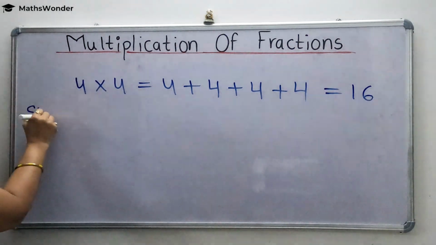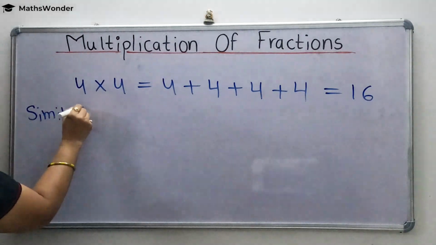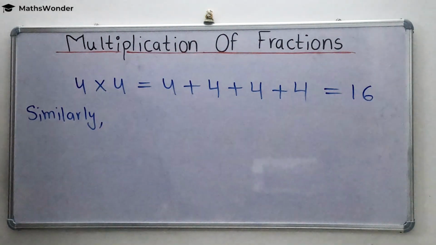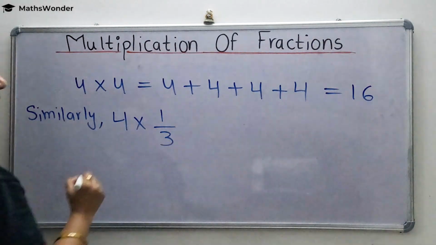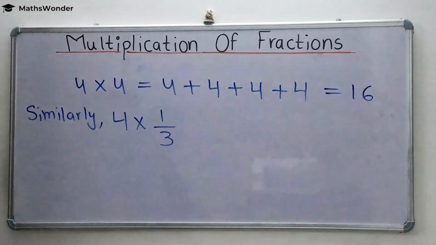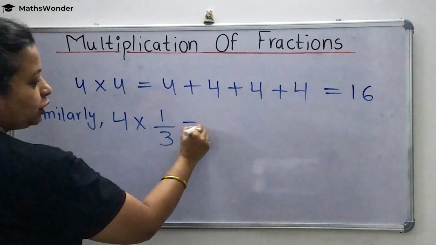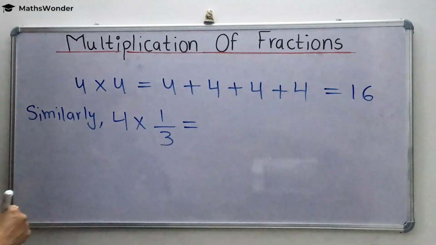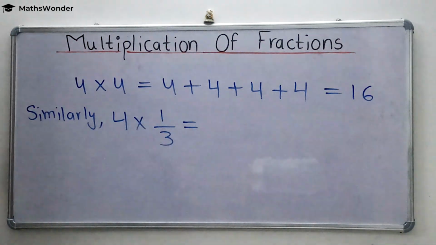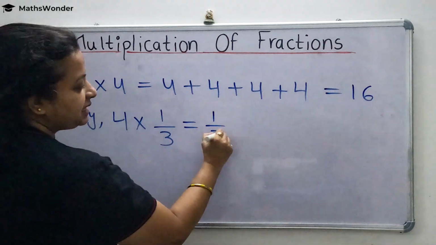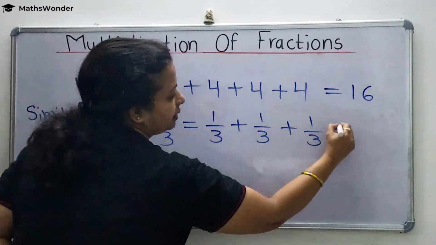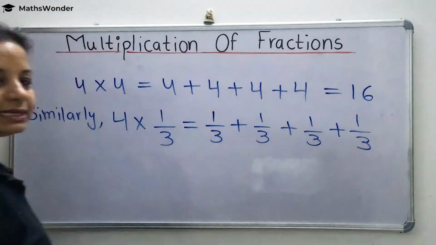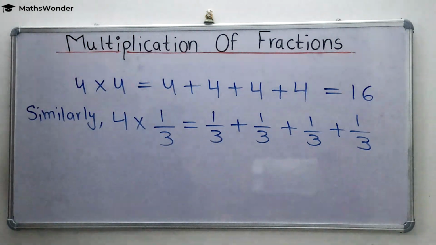Similarly, 4 times 1 over 3. If it's written like this, what will you do? 4 times 1 over 3. So you will write 1 over 3 four times with addition.